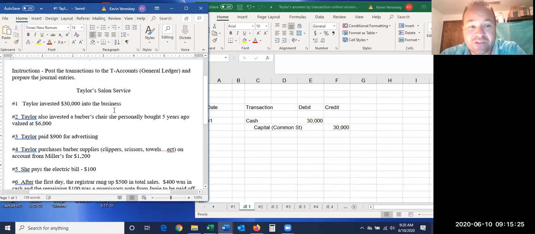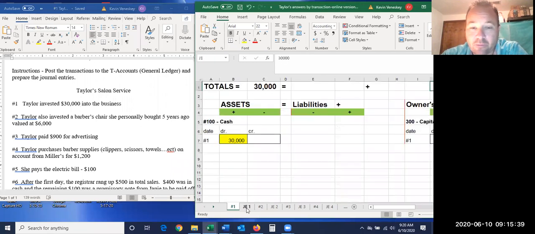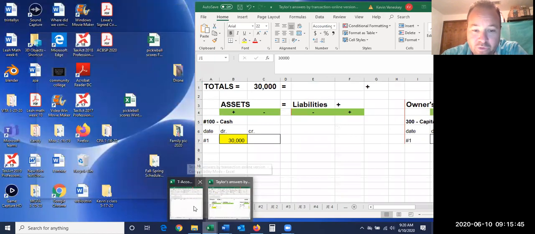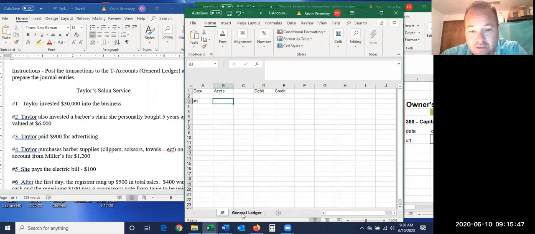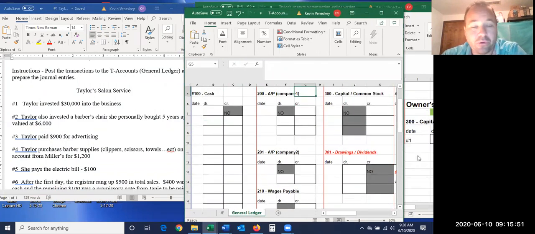All right, so Tyler invested $30,000 into the business. We have to ask ourselves, what did the business get? And this one is pretty straightforward. The business got money. The business got dollars. So when I go into my T account page, I'm going to be building T accounts as we go.